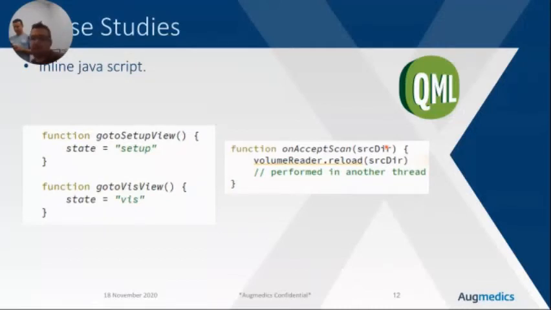Another thing is that QML supports inline JavaScript. We use it for fast and simple functionality. As the left image shows, we are just using the inline JavaScript functionality to assign a string variable.